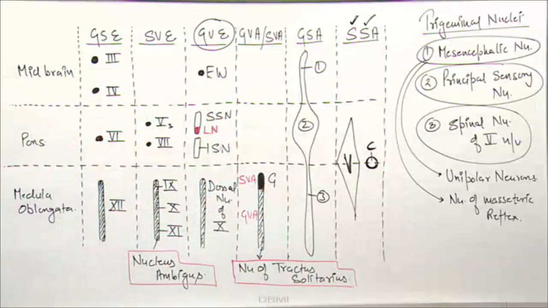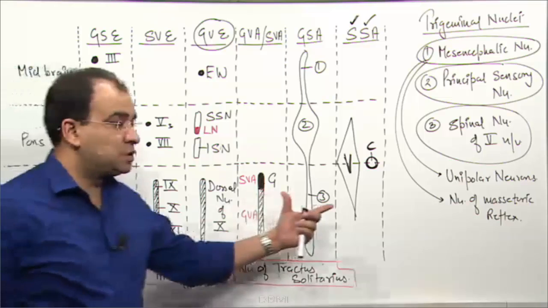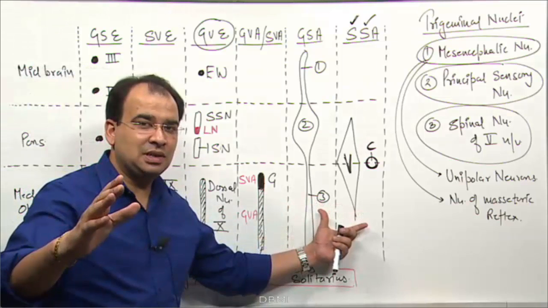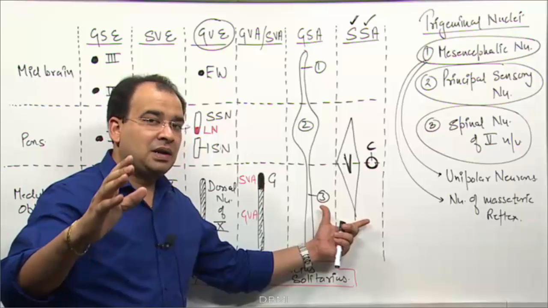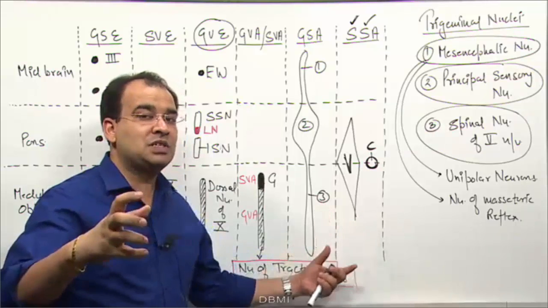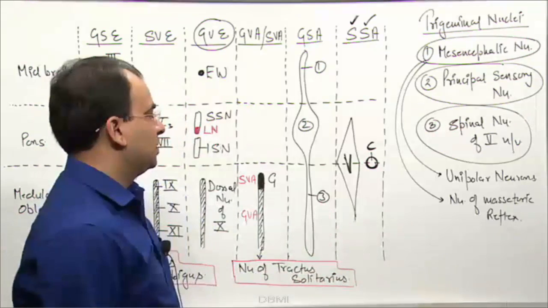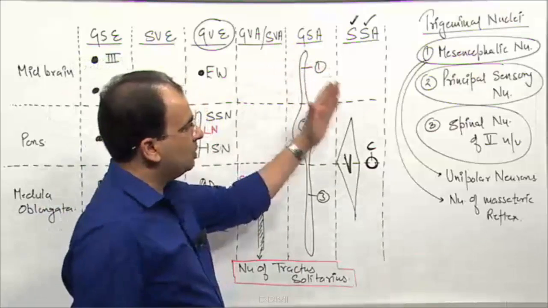Vestibulocochlear nuclei are under the SSA column, special somatic afferent, responsible for special sensation but carrying it from something which is developmentally a somatic structure. That's why the word is special somatic afferent.